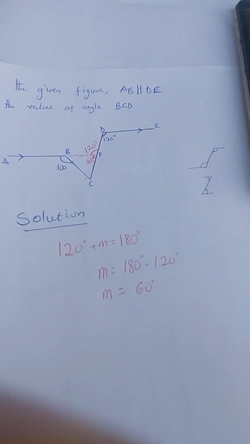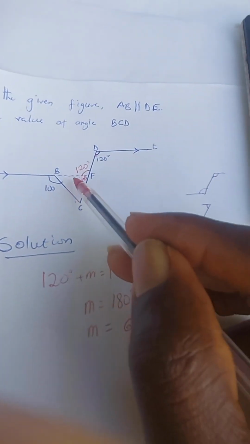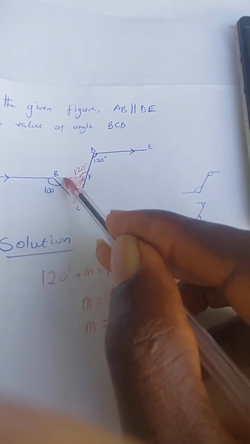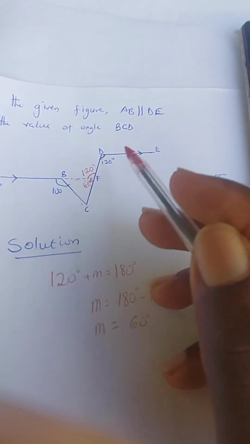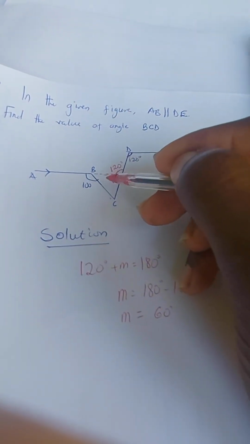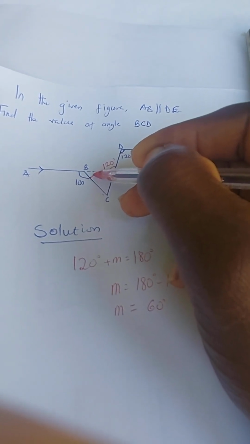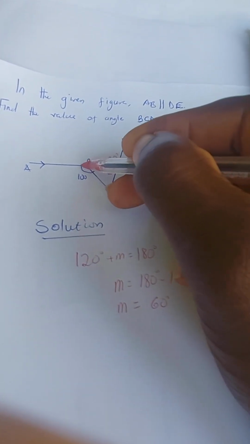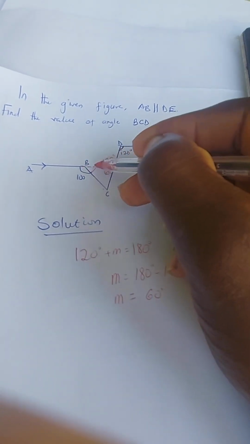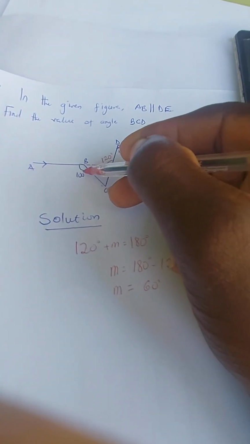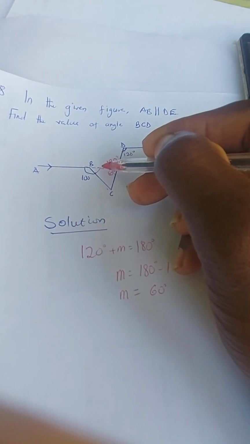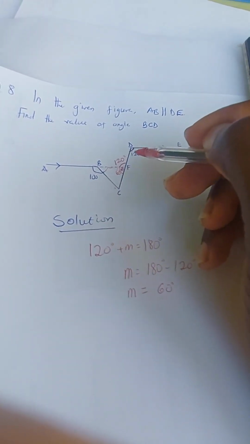We also need to find the value of the angle formed at B in the triangle. So we're going to extend this angle here to this straight line. The angles formed on this straight line will also sum up to 180 degrees.